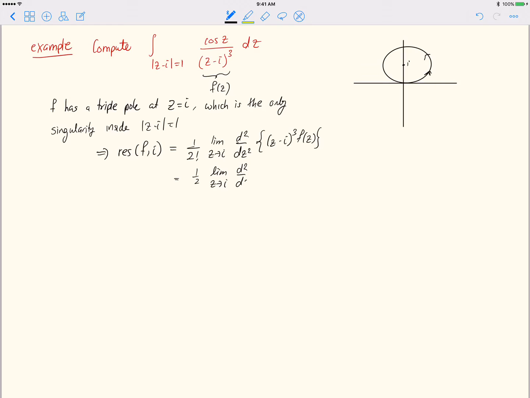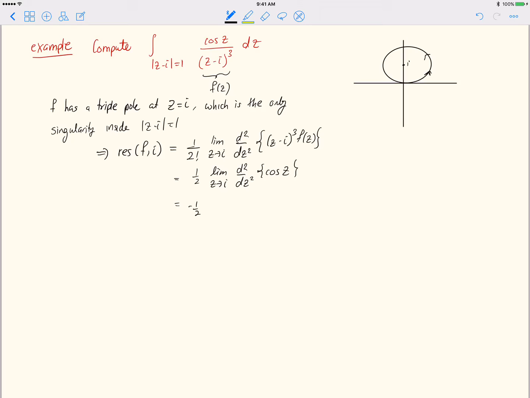Now what are we going to differentiate twice? Well, if I multiply (z minus i) cubed by f, I'm just going to be left with cos z, right? So if I differentiate cos z once I get negative sine, differentiate one more time I get negative cos.